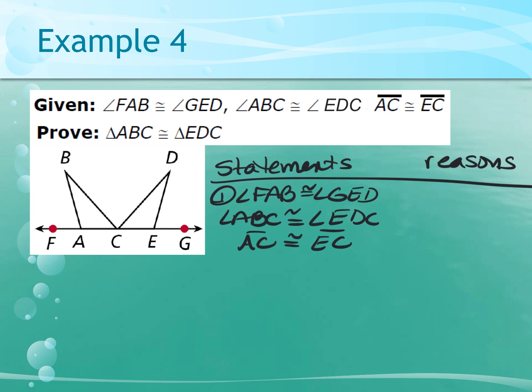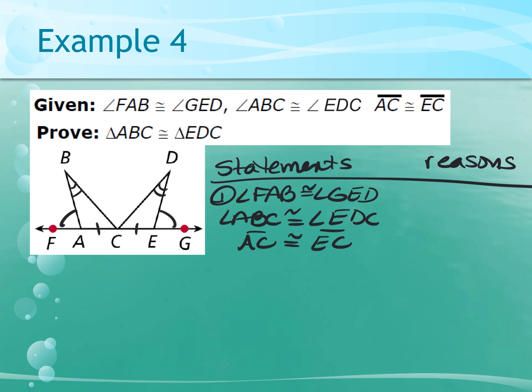So let's add in these congruency marks from the given. FAB is this angle out here, and then GED is this one. Angle ABC is this guy up here at the top, and then EDC is this guy, and then AC is this little segment here, congruent to CE or EC.